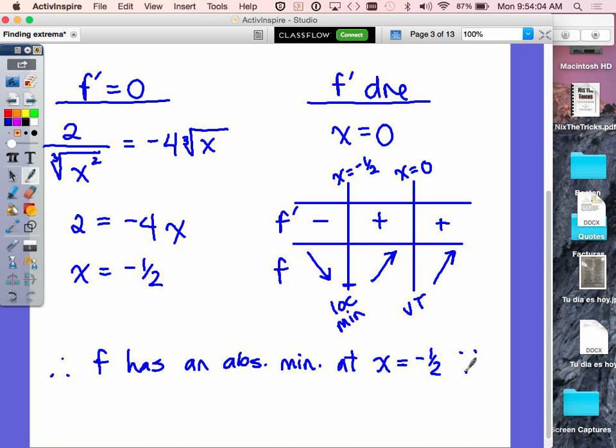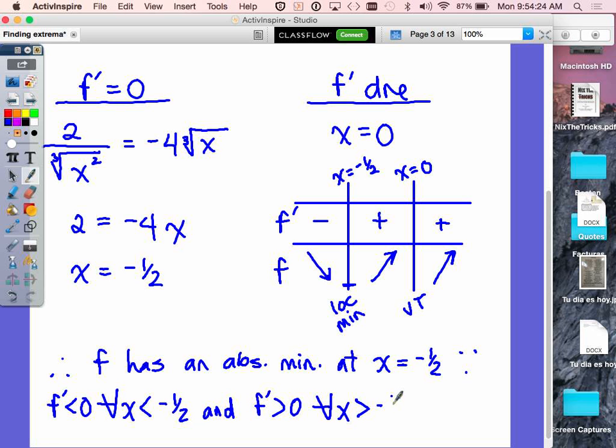To justify this as an absolute minimum, I have to say because f prime is negative for all x less than minus 1/2, and f prime is positive for all x greater than minus 1/2. And now I've proven that this value at minus 1/2 right here is an absolute minimum.